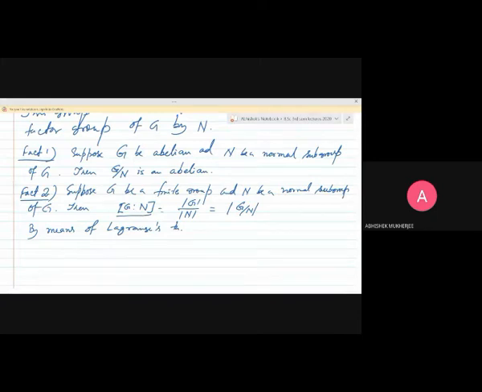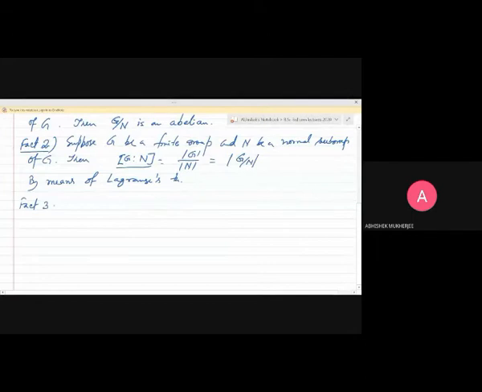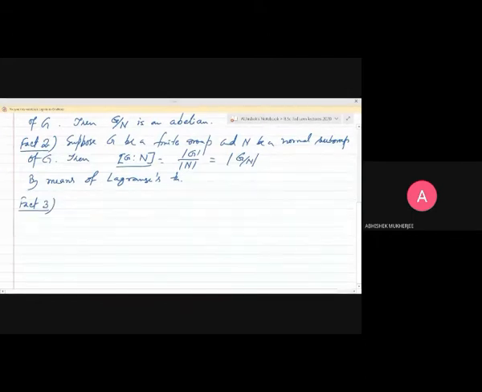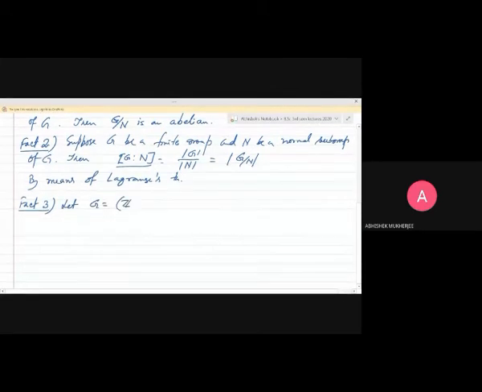Fact 3. Now let G be the group of integers. And since the group of integers is abelian, any subgroup is normal.